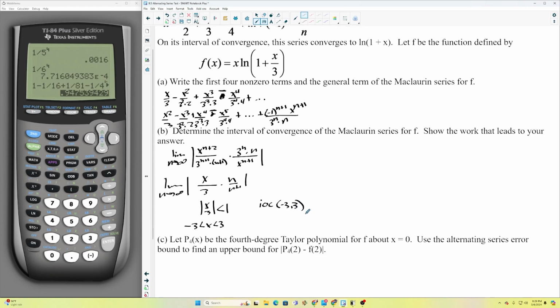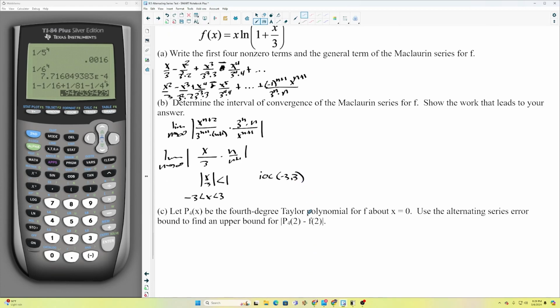Let P sub 4 of x be the 4th degree Taylor polynomial for f about x equals 0. Use the alternating series error bound to find an upper bound for the error on the 4th degree. So here's the 4th degree. So the error is less than absolute value of x to the 5th over 3 to the 5th times 5, but that's really 2 to the 5th because we're using 2.